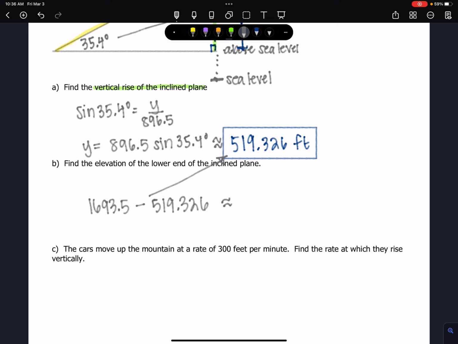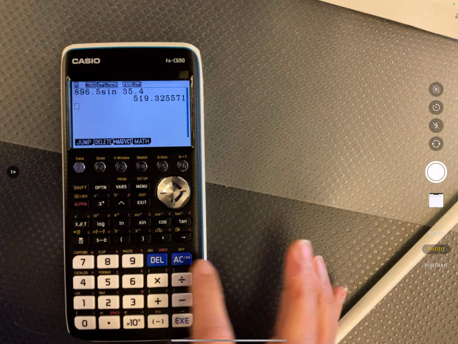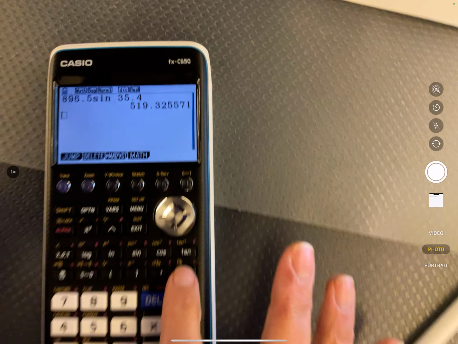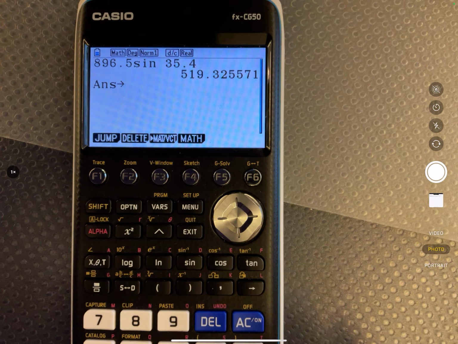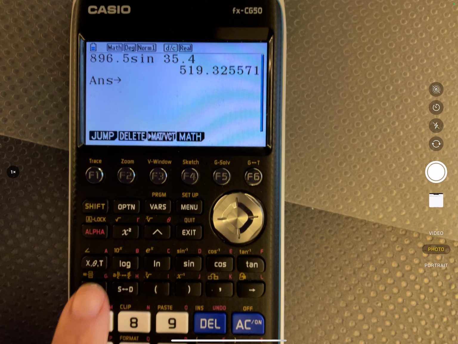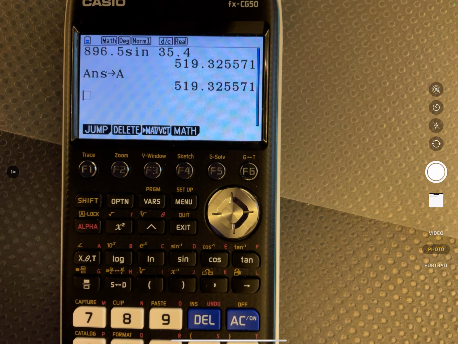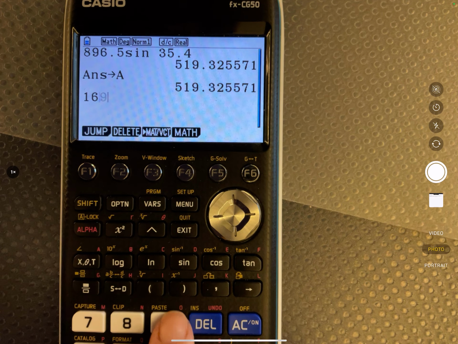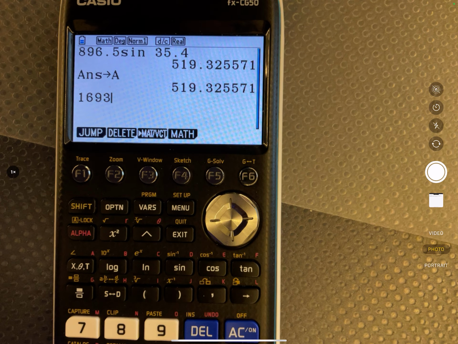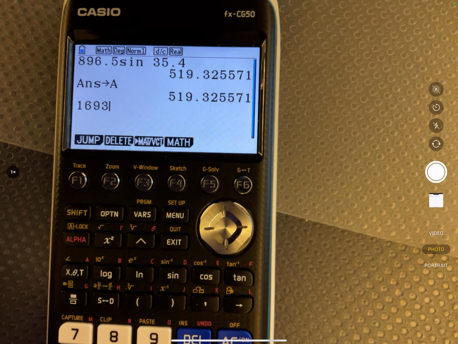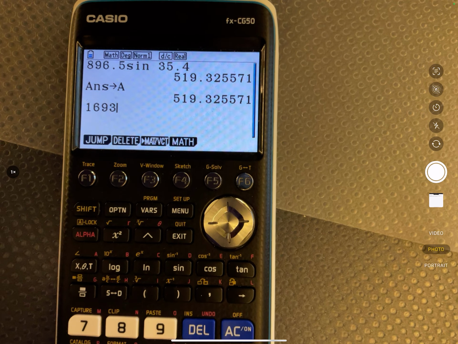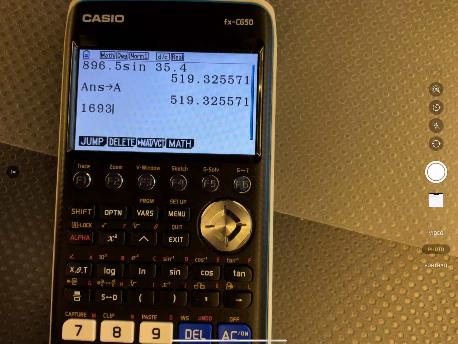So I'll show you what I'm going to do. There are a couple of different ways that we can do this, but storing is always a good practice to know. So I'm going to hit store, and I'm just going to store it as alpha A. Enter. And now I'm going to take that 1693.5 feet.